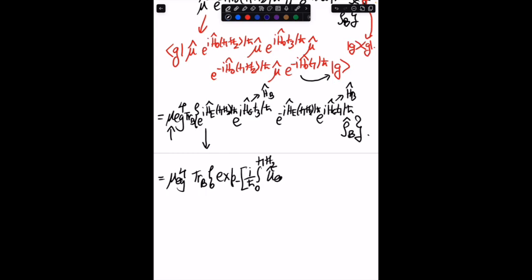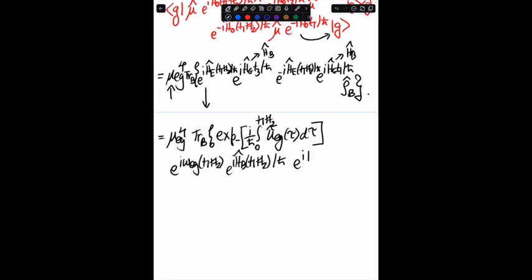You had Eg tau, d tau, and then you have e raised to the power I omega Eg t1 plus t2, e raised to the power I HB t1 plus t2 upon h bar. Then the next term will just be e raised to the power I HB t3 upon h bar.